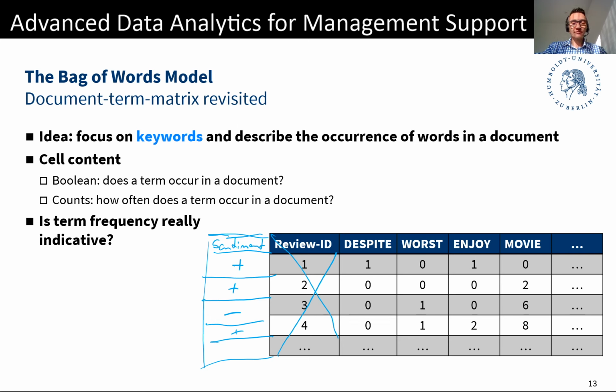Just spotting the use of certain trigger words, opinion words, the adjectives here, for example, could be enough to do sentiment analysis.